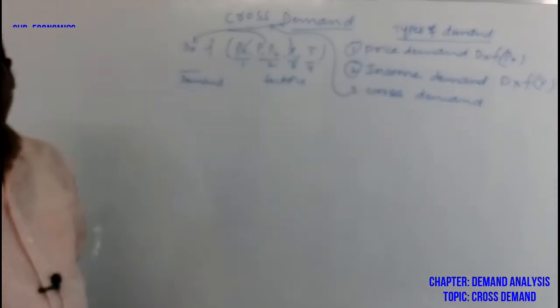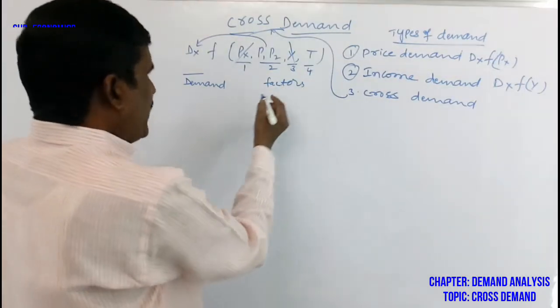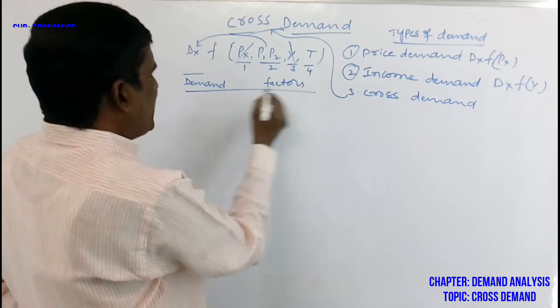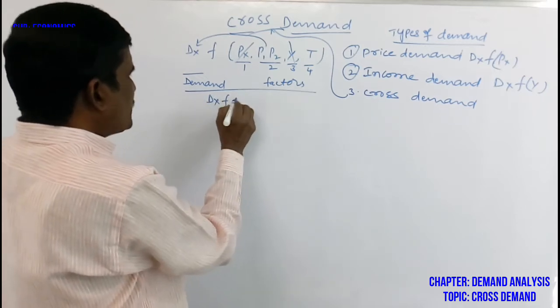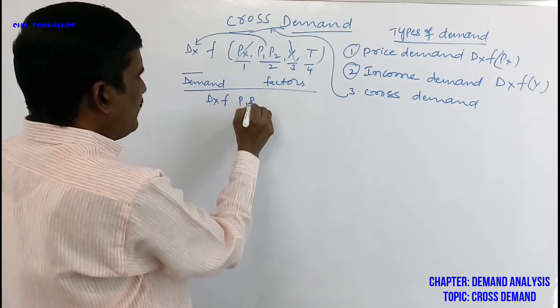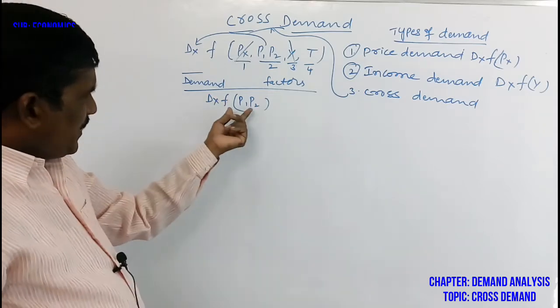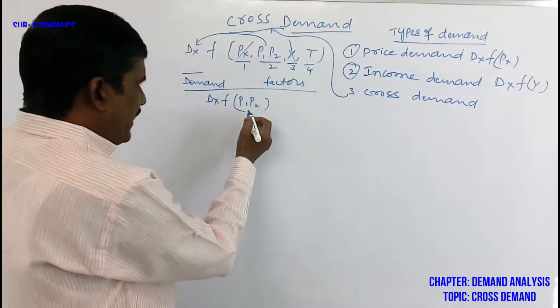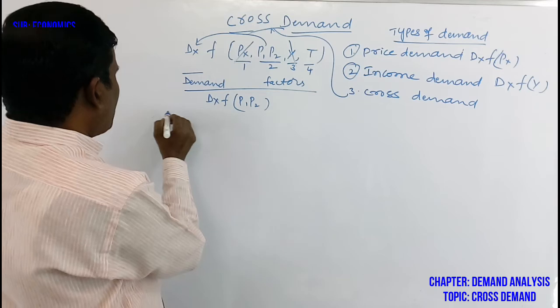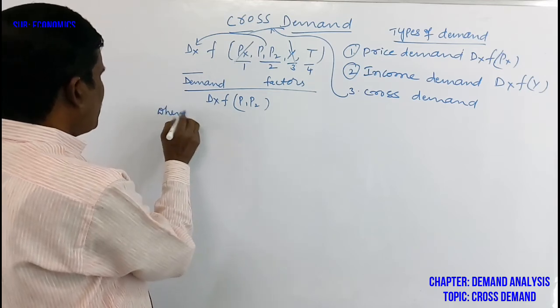What is the cross demand? See here, we are discussing the relationship between Dx and P1, P2. When will it be applicable? When the remaining factors are kept constant.